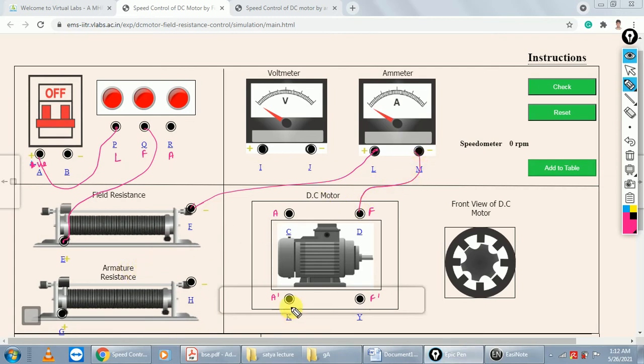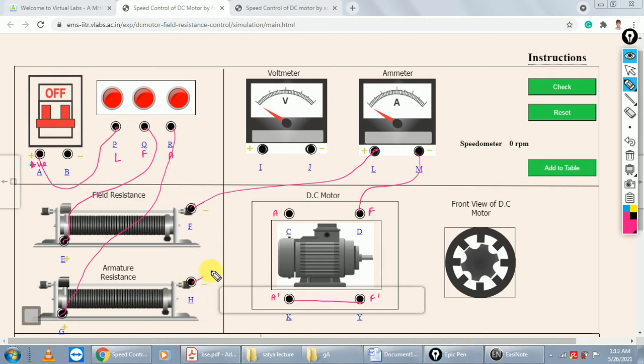Okay, and A and F dash is shorted here, dotted here. Suppose the armature resistance is available, so you connect this next rheostat in series with the armature winding.